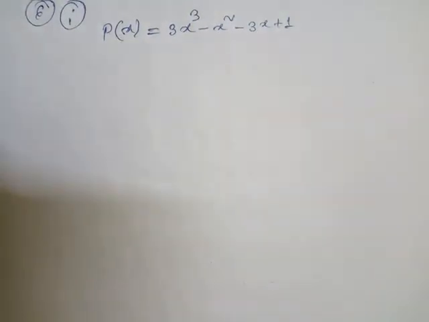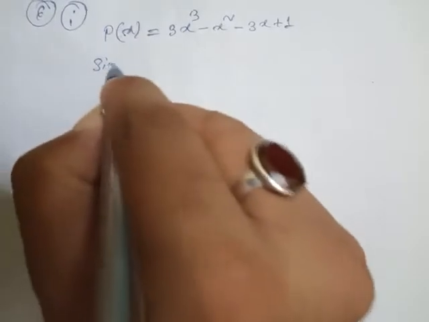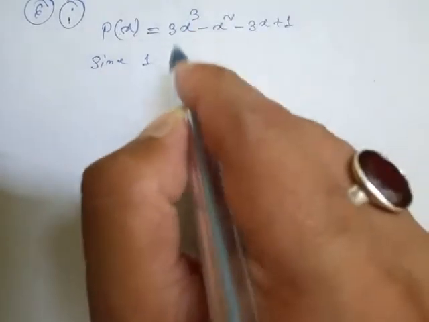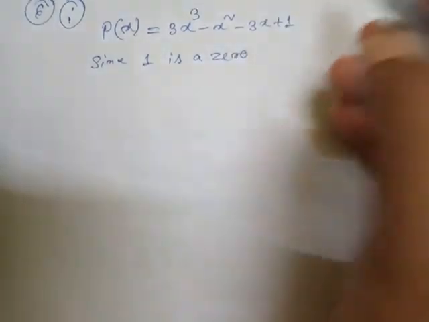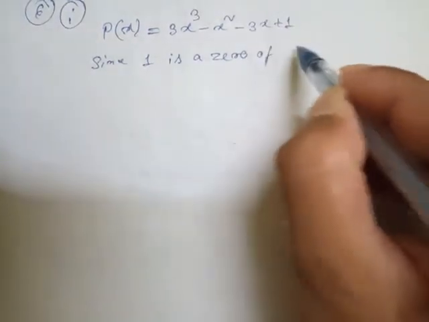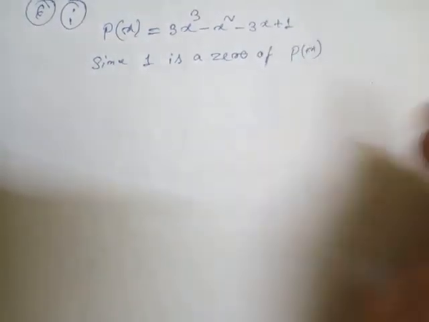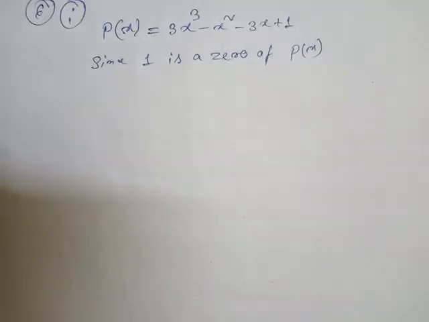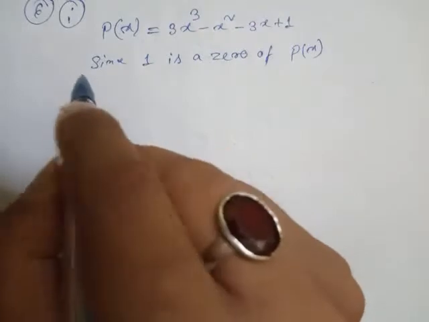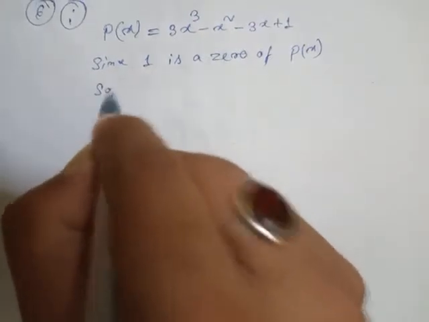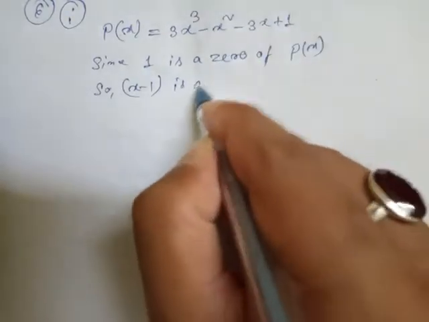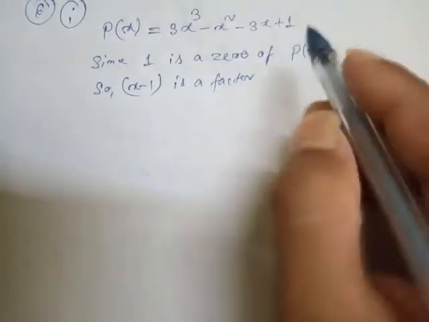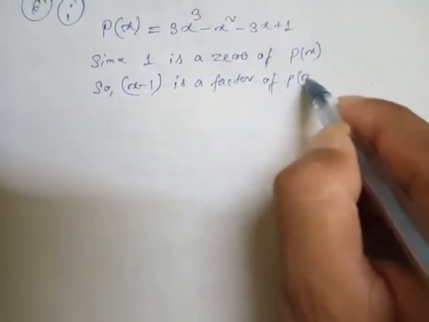Next we'll write that since 1 is a zero of p(x), 1 is the zero given in the question. Then we can say that x minus 1 is a factor of p(x).